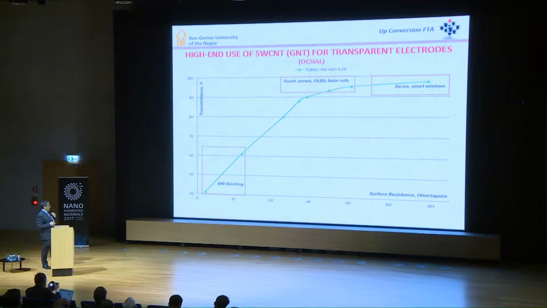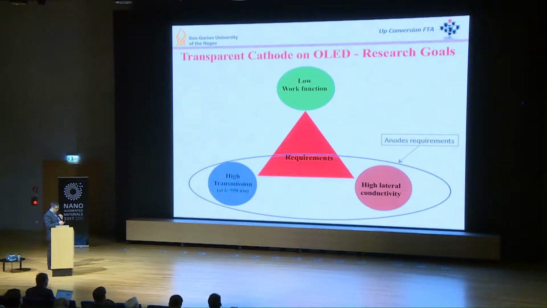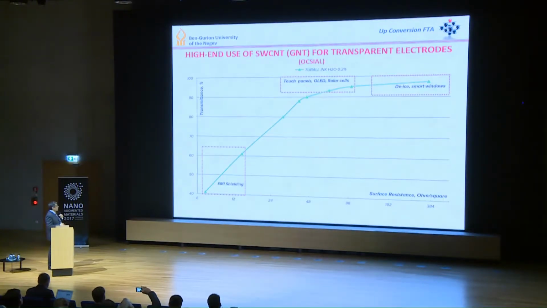So on the high resistance, we see the icing smart window application, and as we reduce the surface resistance, we can go to touch panel, OLED, solar cell, and of course, as we reduce the resistance much more, we can go to EMI shielding and so on. So we will talk about this area, which is the area of the touch panel, OLED, and other stuff.